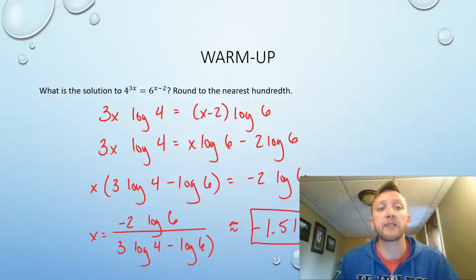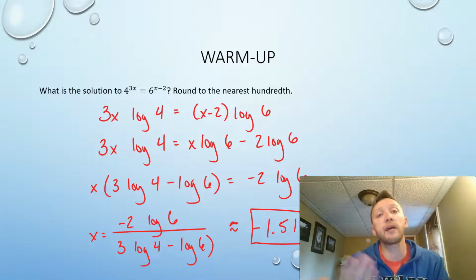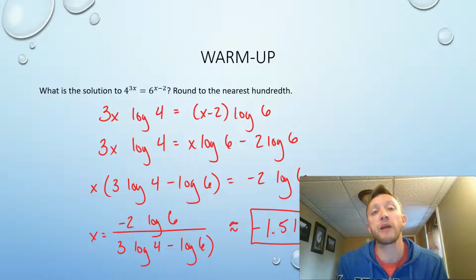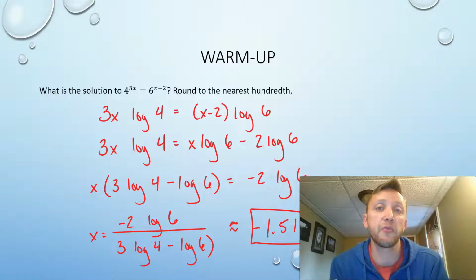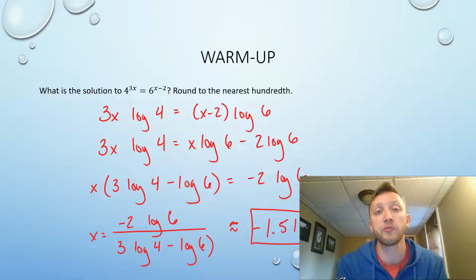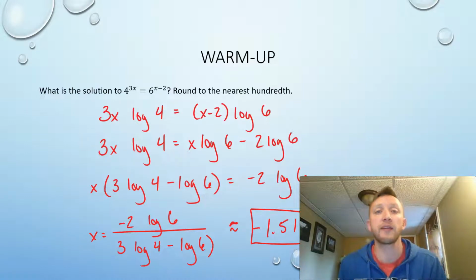So I have 3x times log of 4 equals x minus 2 times log of 6. The next step is to distribute the log of 6 through the x minus 2 in parentheses. So we get x times the log of 6 minus 2 times the log of 6. Then I want to combine like terms. I have 3x log of 4 on the left and x log of 6 on the right.